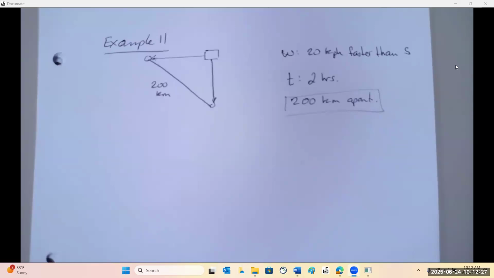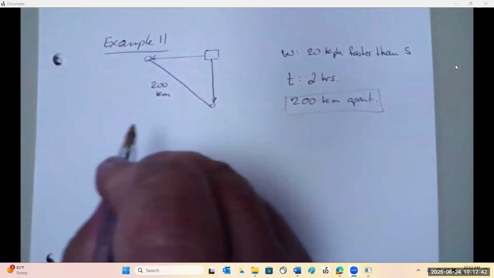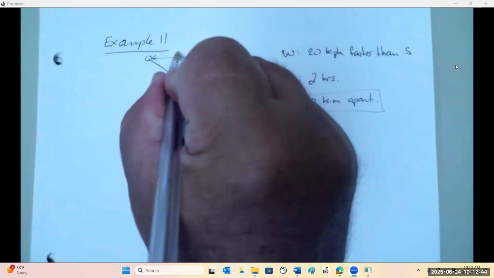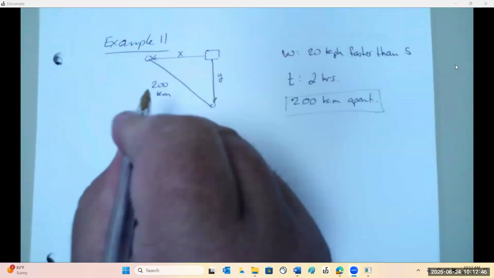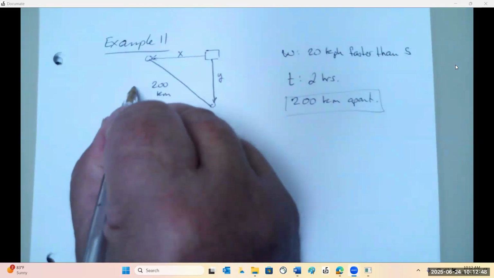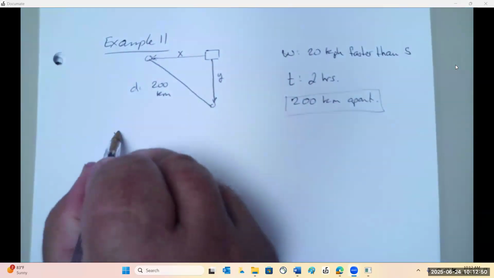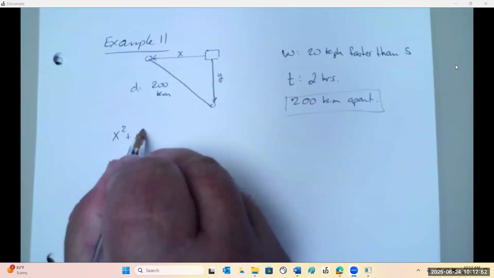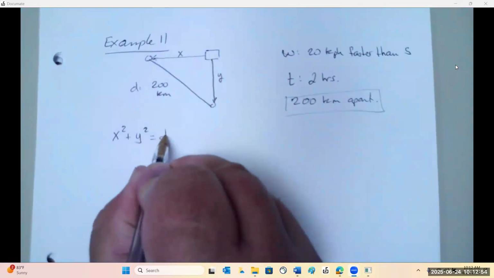Pythagorean theorem. Very good. This is x, this is y. Let's call this z, or d. So it's x squared plus y squared equals d squared.